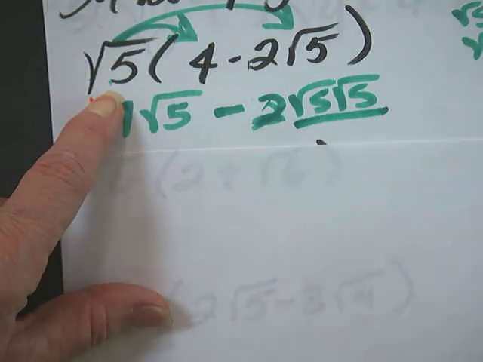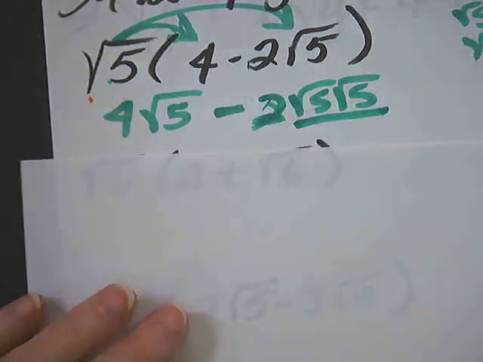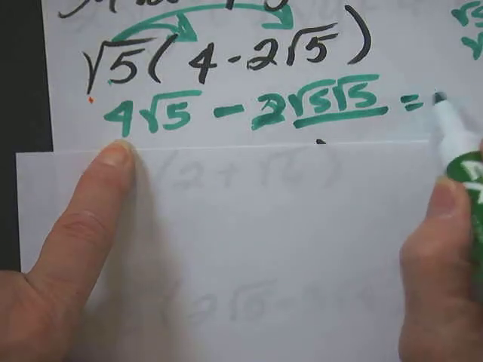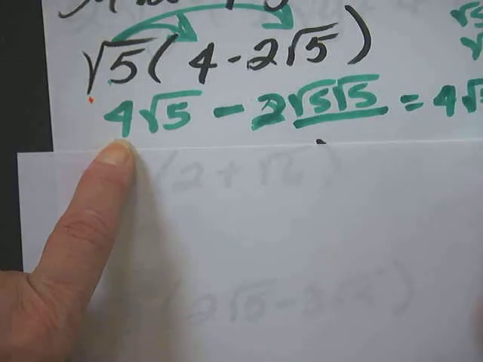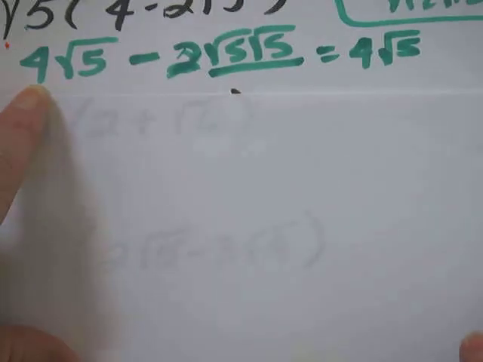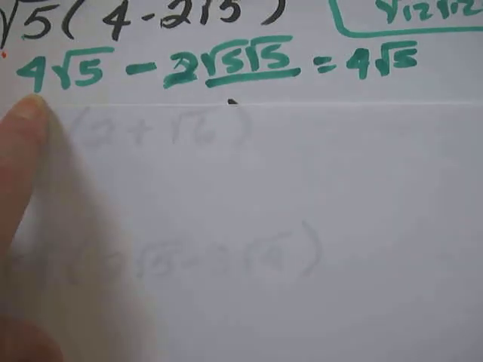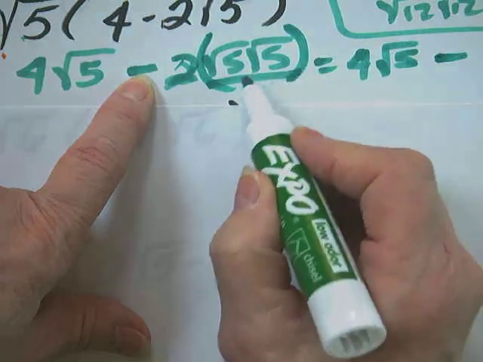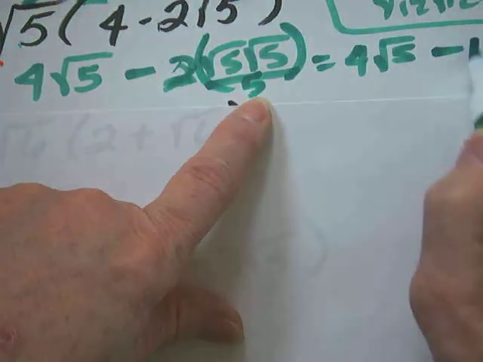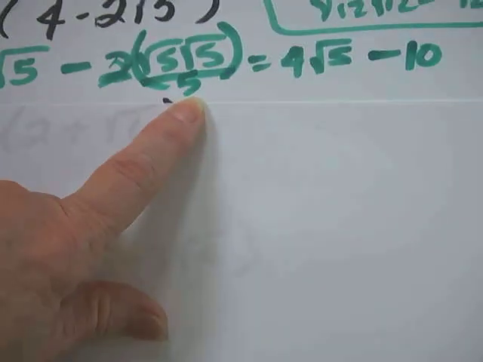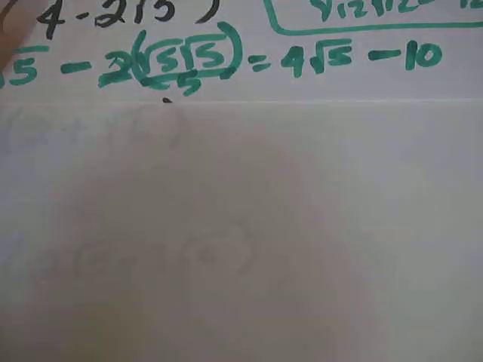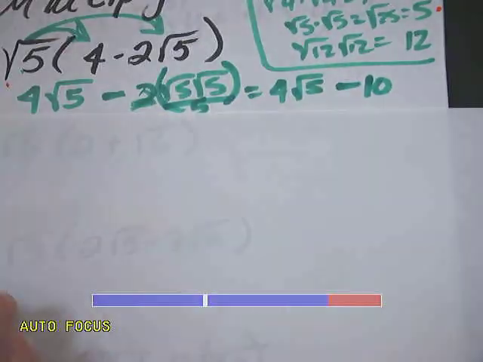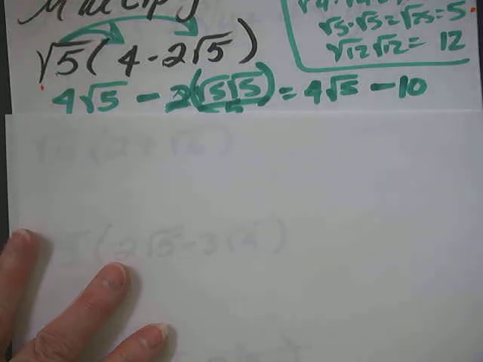That being established, now we have 2 times square root of 5 times square root of 5. 2 square root of 5 times the square root of 5 on the outside. This turns into 5, right? We just showed that.